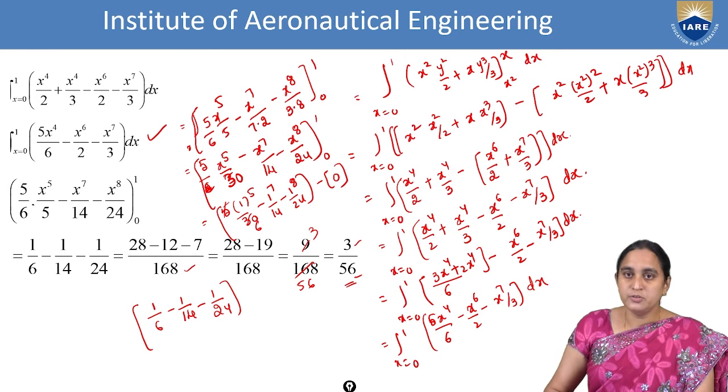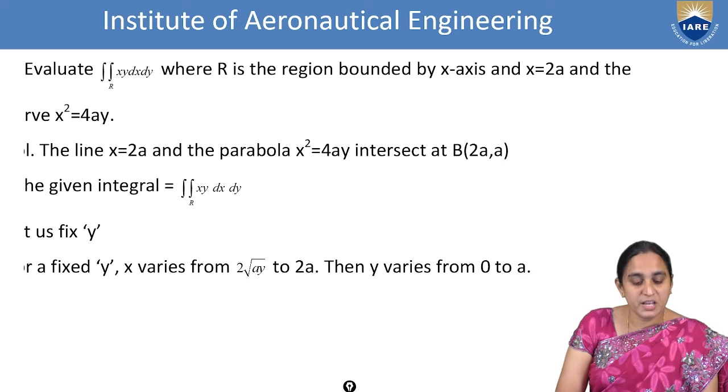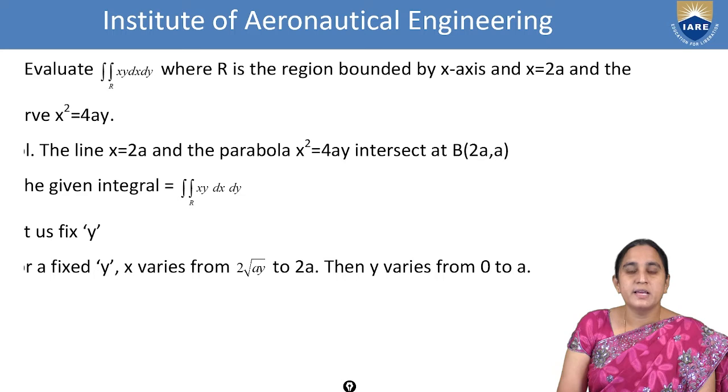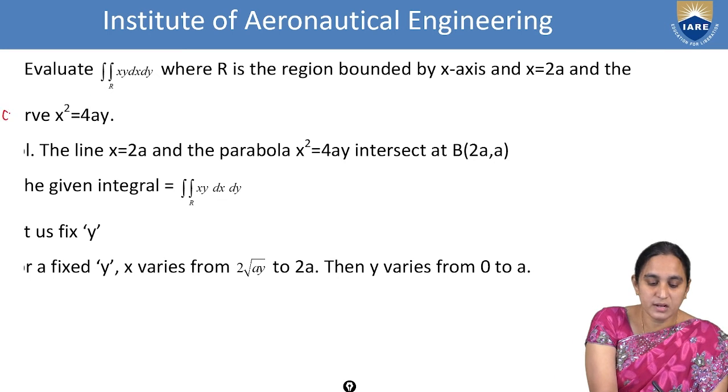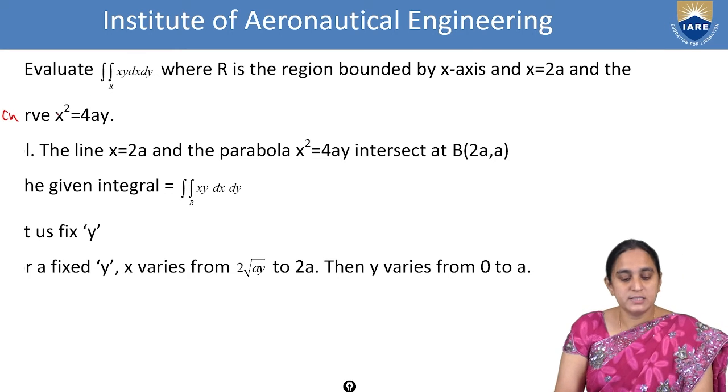Now I'll continue with the second question on the same topic: evaluate the double integral of xy dx dy, where R is the region bounded by the x-axis, the line x is equal to 2a, and the curve x square is equal to 4ay.